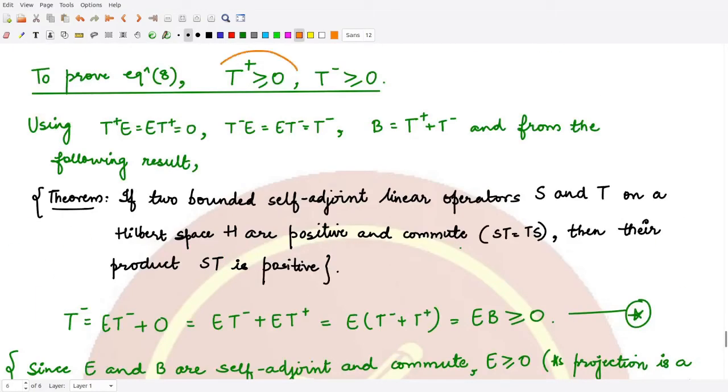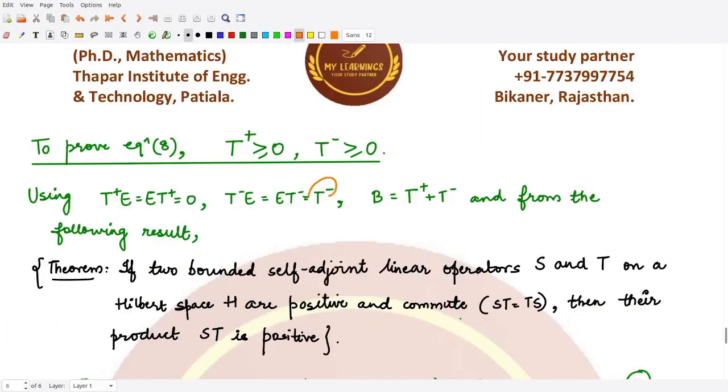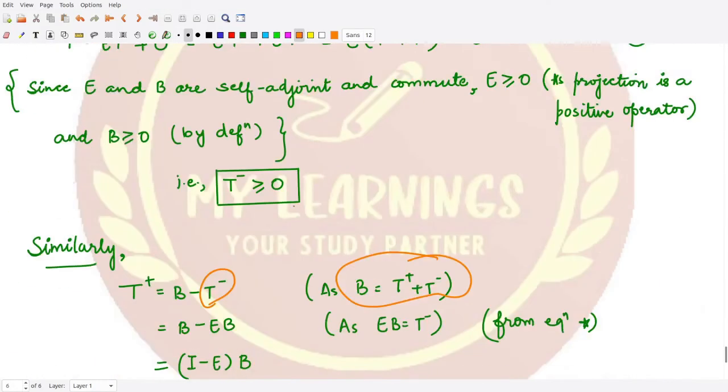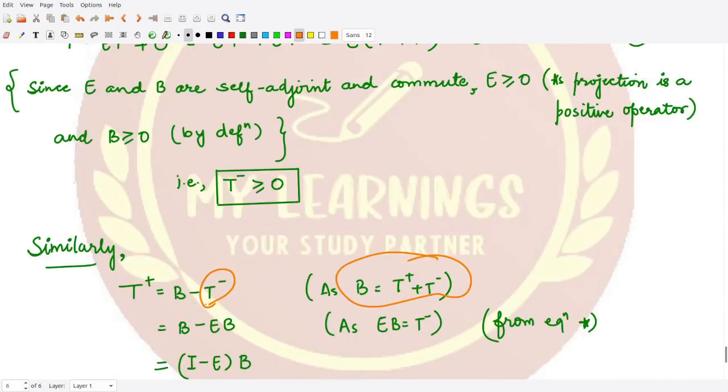Now we wanted to prove T positive is also a positive operator. For that, we have to again use these kind of results. So let's see how. For T positive, we could write this T positive from this relation as B minus T negative, right? And again you could write this T negative using this equation star.